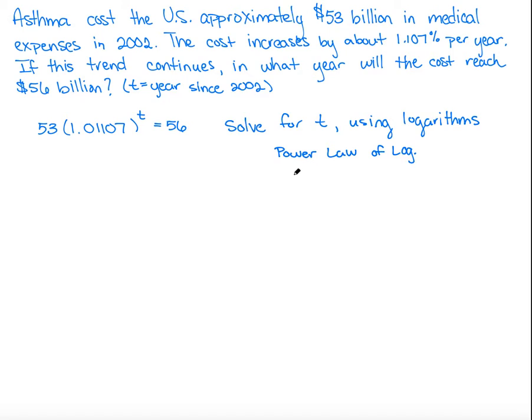If we recall, the power law tells us that when we have the log base b of some number a raised to a power, let's call that power c, we can rewrite this as c times the log base b of a. So these two expressions are equivalent to each other. Okay, let's keep that in mind. Let me just box this, because we're going to come back to this and apply it.